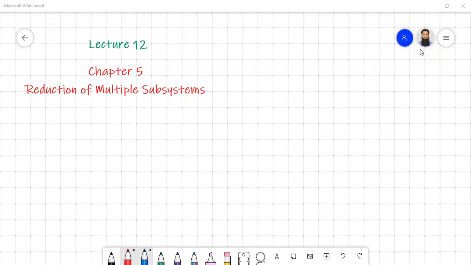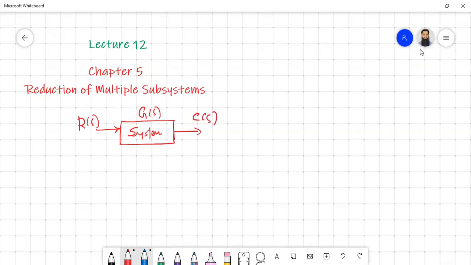Today we'll be starting a new chapter, chapter 5, reduction of multiple subsystems. So far, whatever we have seen is a single block with a system inside, say G(s) transfer function, with an input and the output. The input can be R(s) and the output can be C(s). But a more complicated system can be represented with the interconnection of many subsystems.